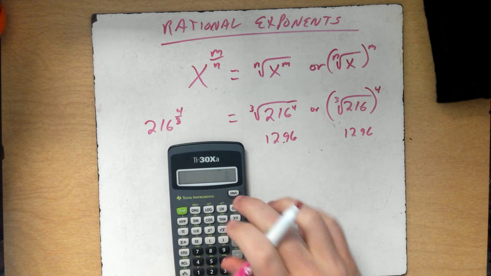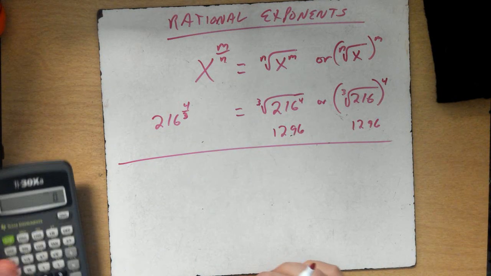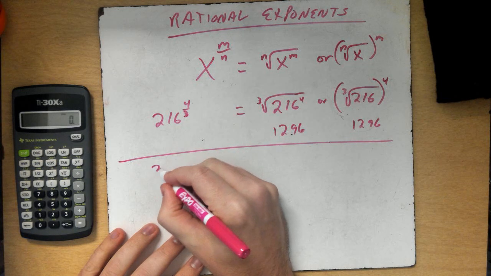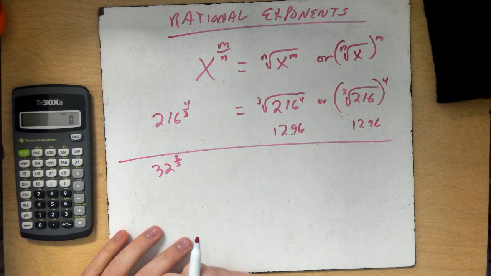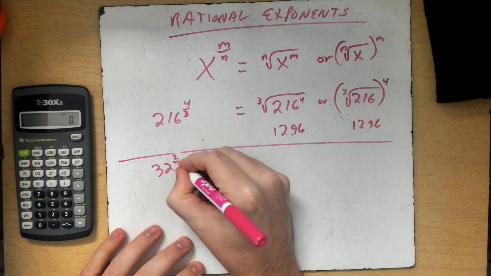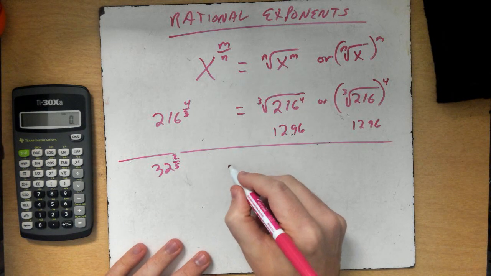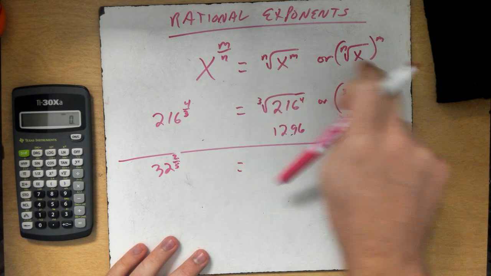Let's do another example. I'll leave this up so you can see it. Let's do 32 to the 2 over 5. Now let's rewrite this. I'm going to follow this order first, the same thing I did here.